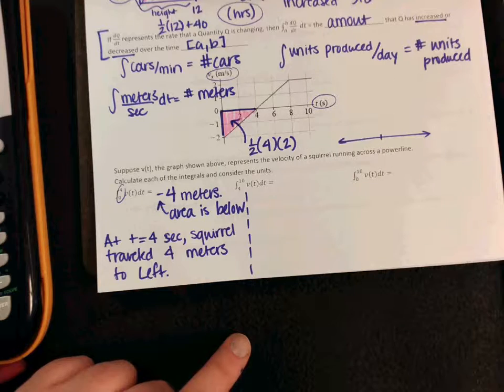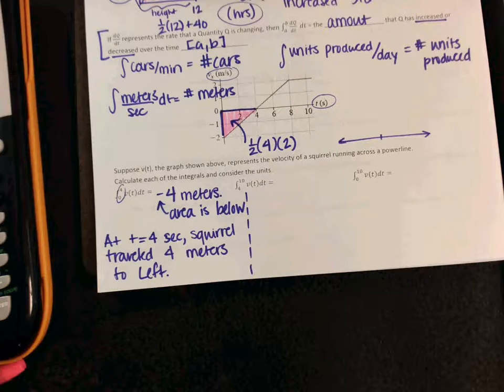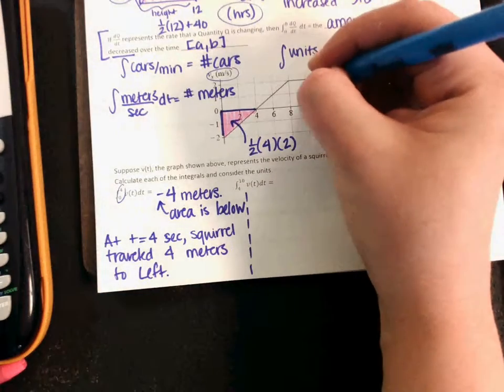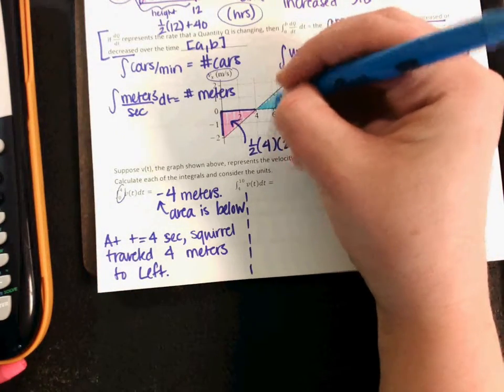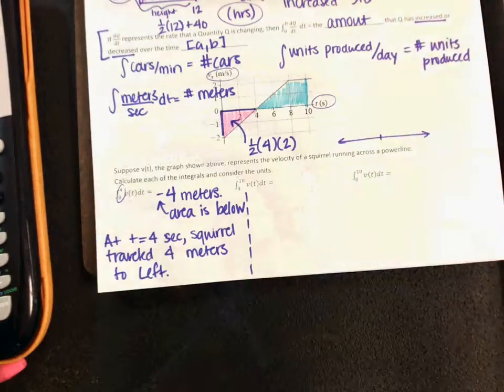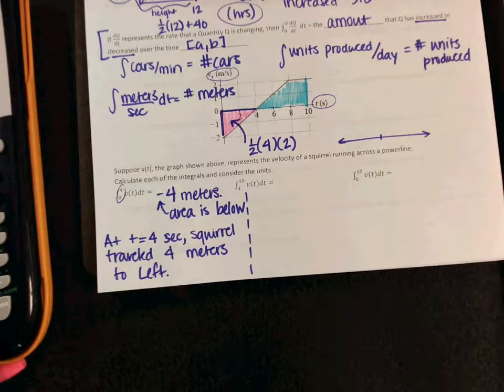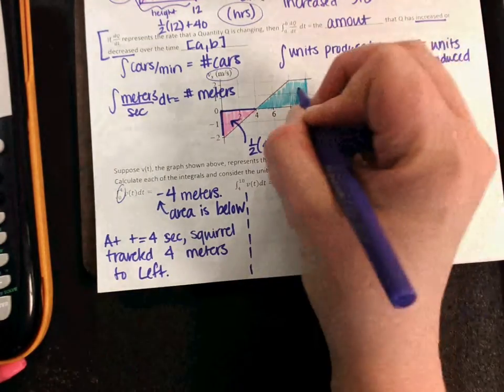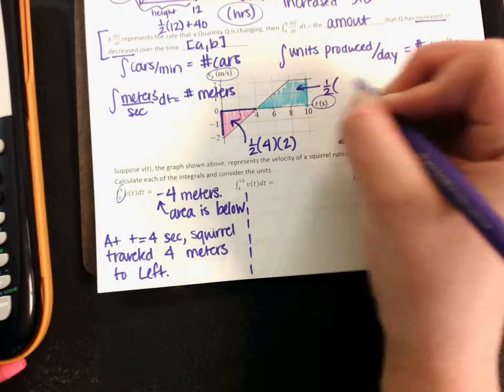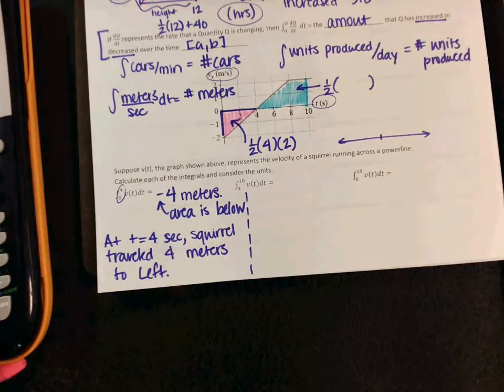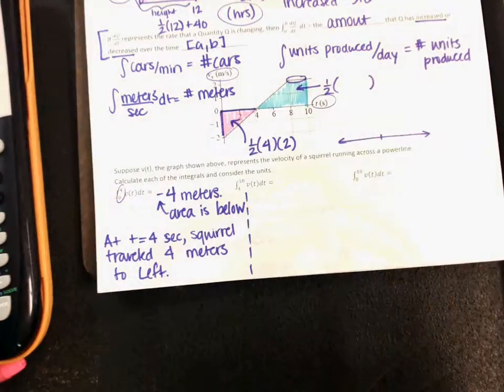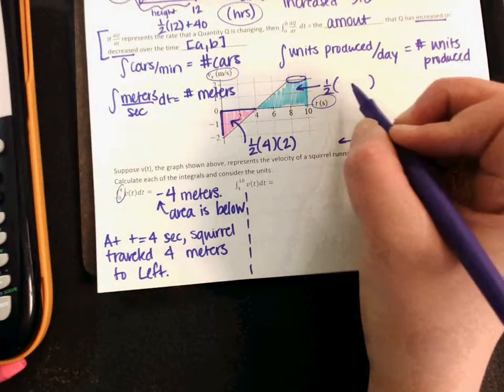Okay, now let's go from 4 to 10. Okay, so I'm going to shade in with a different color here. 4 is here, 10 is here. What shape is that? Don't break it up. All together, it's already one shape. It's a trapezoid. So 1/2 base plus base times height. How long is my top base? 2.